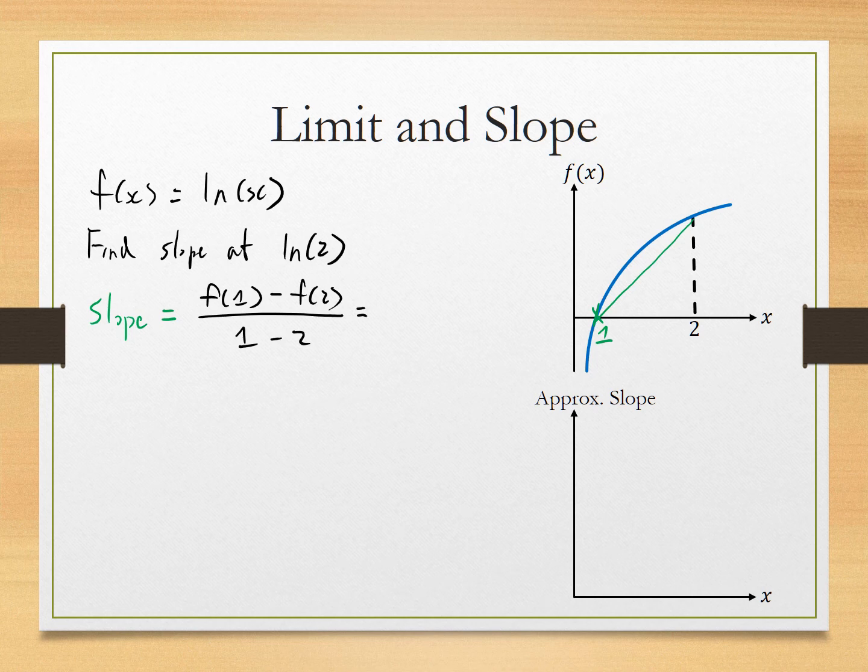You can't do it by hand. Log 1 is 0, no need for calculator. Log 2 is 0.69. So our first approximation of the slope is 0.69.